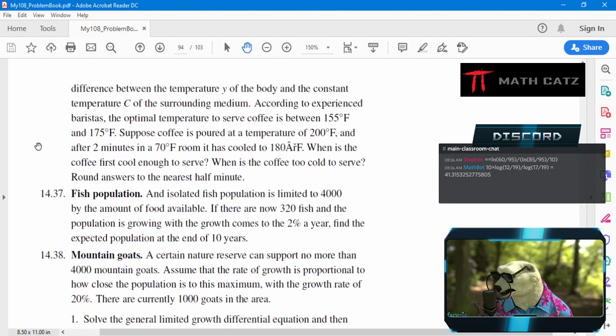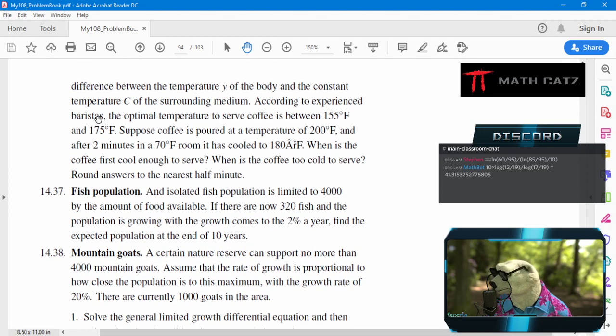So here, according to experienced baristas, the optimal temperature to serve coffee is between 155 and 175. Suppose coffee is poured at a temperature of 200, which will burn my mouth, and after 2 minutes in a 70-degree room, it is cooled to 180.